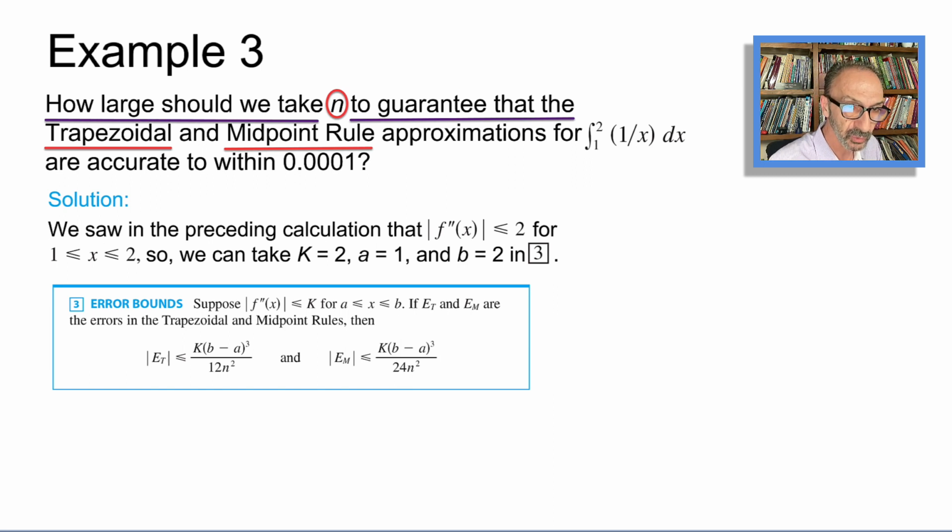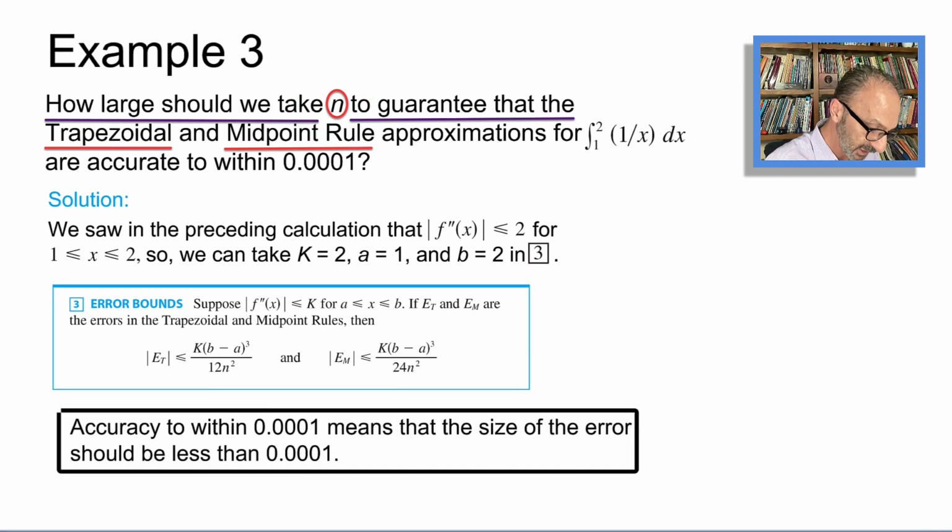How large should we take n? That's the question. So when it says accuracy to within 0.0001, as you can see, I added at the bottom side, it means that the size of the error should be less than 0.0001.